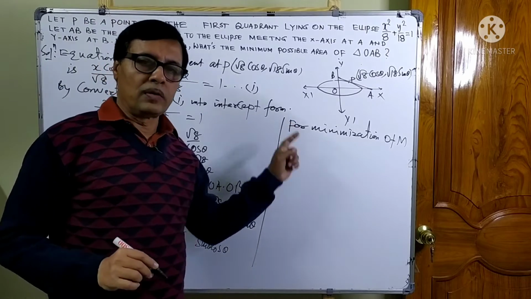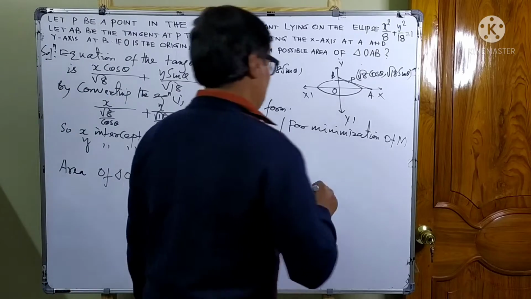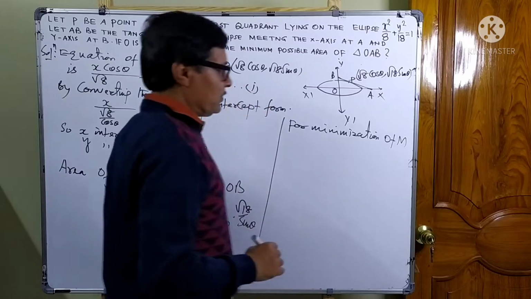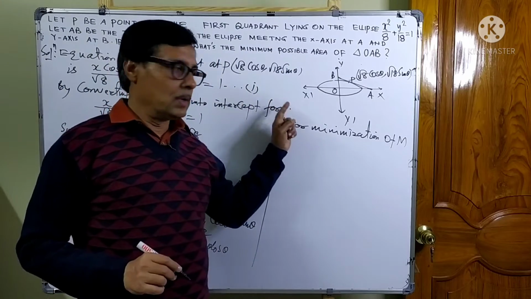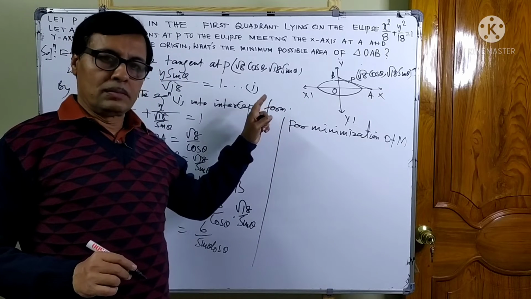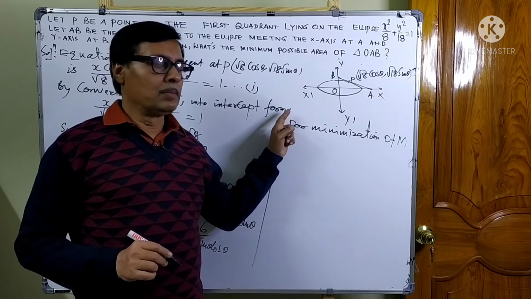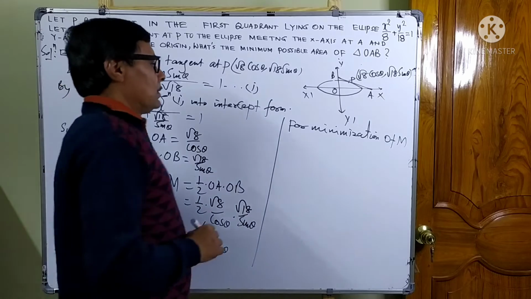This is the rule for minimization, which is known from calculus. The rule of minimization is that the first derivative of the quantity is 0, and also we have to show that the second order derivative of M with respect to the variable must be greater than 0 for confirmation of minimization.